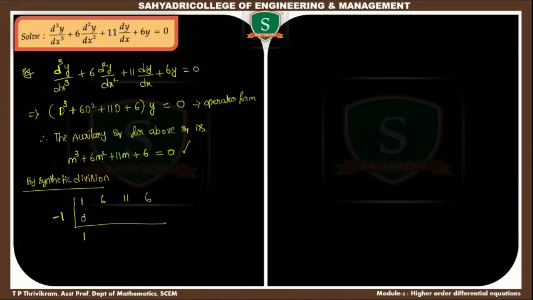After adding this, multiply with this quotient. What happens? Minus 1 into 1. You'll get minus 1. Next add it. You'll get 5. Again multiply with minus 1. So you'll get minus 5 here. Again add it. You'll get 6. Multiply with minus 1. You'll get minus 6.